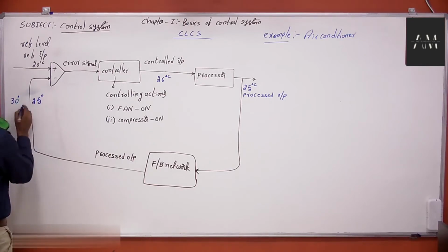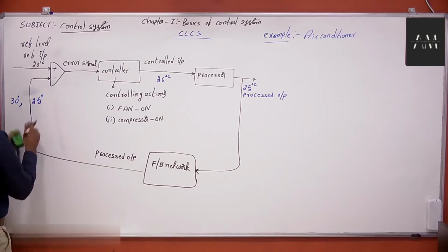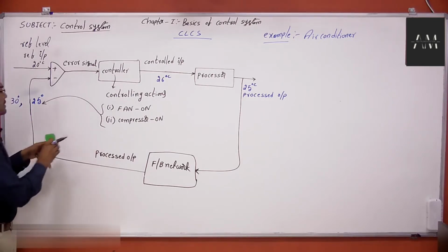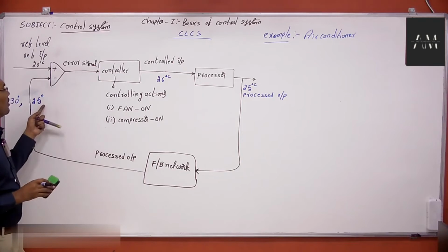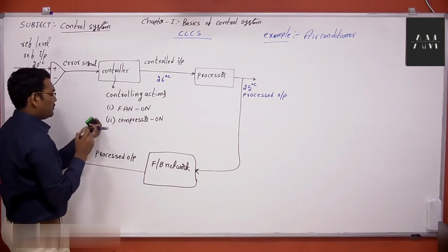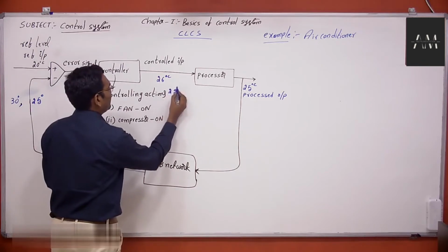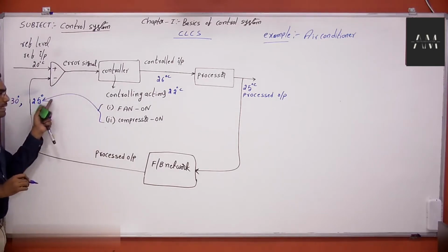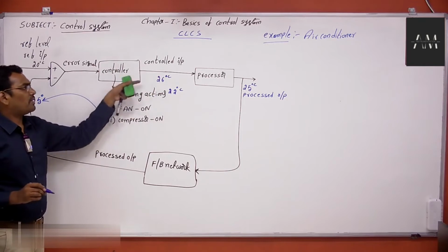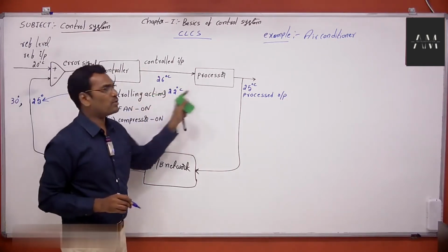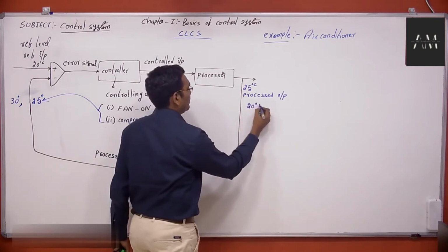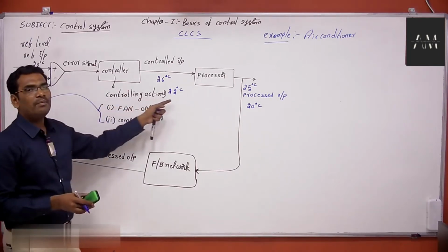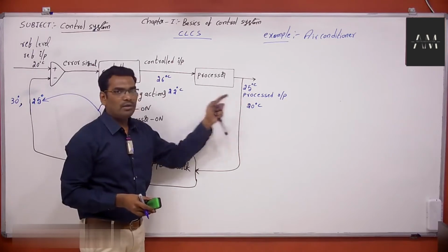Therefore, these two controlling actions are simultaneously working on this 25 degree centigrade, and it is further processed and becomes 22 degree centigrade, and further processed and becomes 20 degree centigrade.